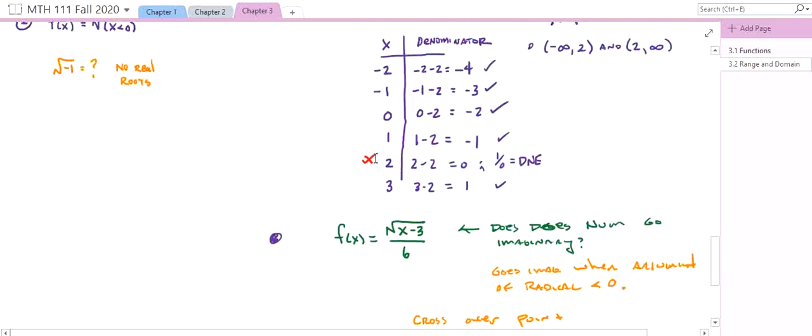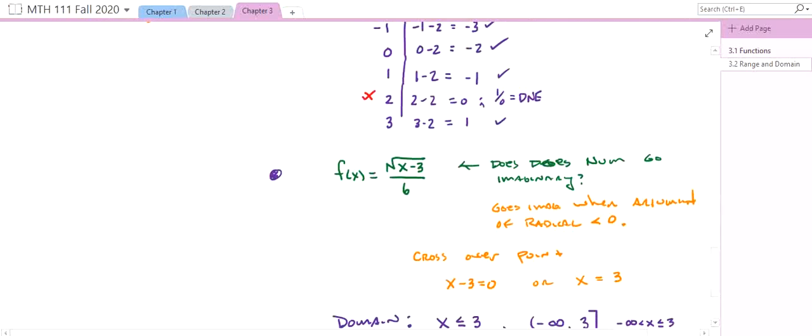Now we could have a combined situation, and I'll challenge you to do this on your own. So you have f of x equals 1 over the square root of 2 minus x. Now we've got a double problem down here in the denominator. Anytime x equals 2 is going to be an issue, right? X equals 2 is bad for us.